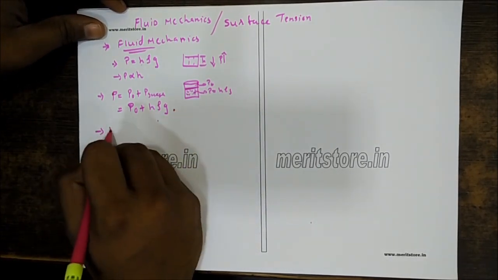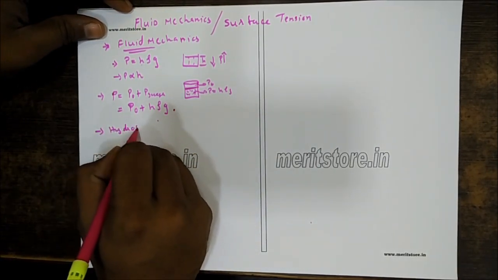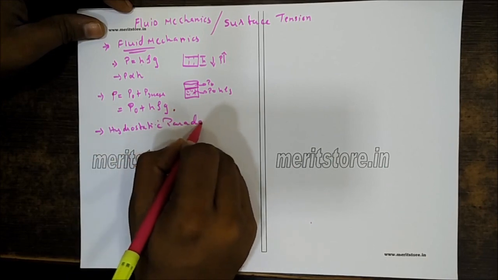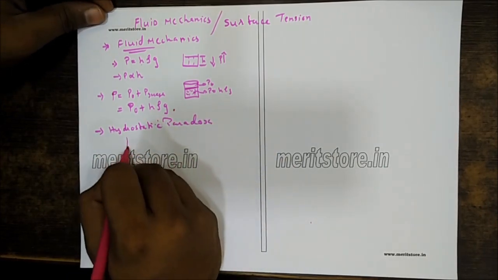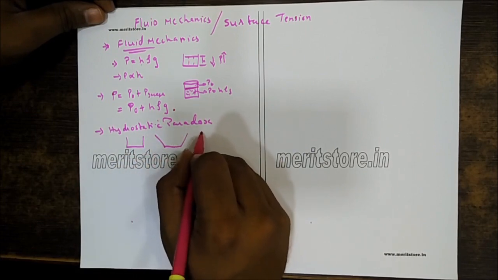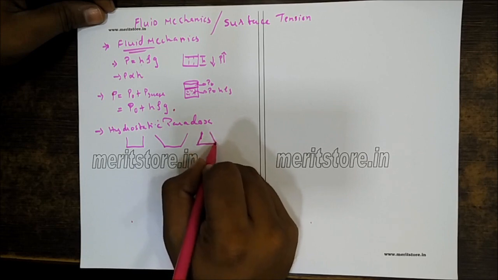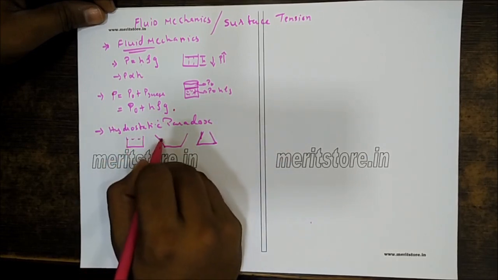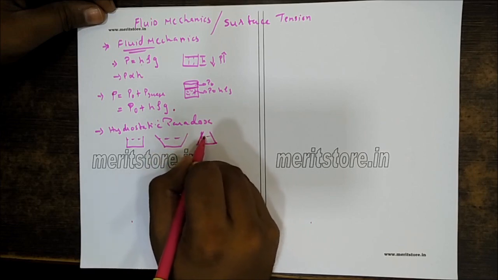Now there is a small concept in the chapter called hydrostatic paradox, in which we learn that the shape of the container is not the parameter to measure the weight or force acting on the bottom.